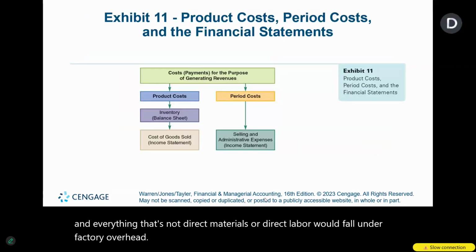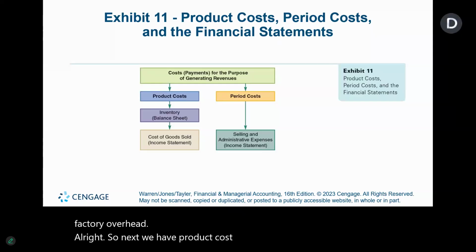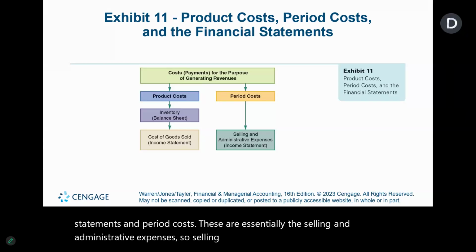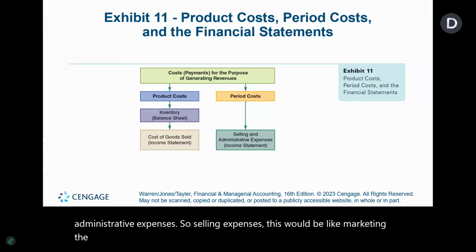All right. So next we have product costs and period costs in the financial statements. Period costs are essentially the selling and administrative expenses. Selling expenses would be like marketing the product and delivering the product to customers.